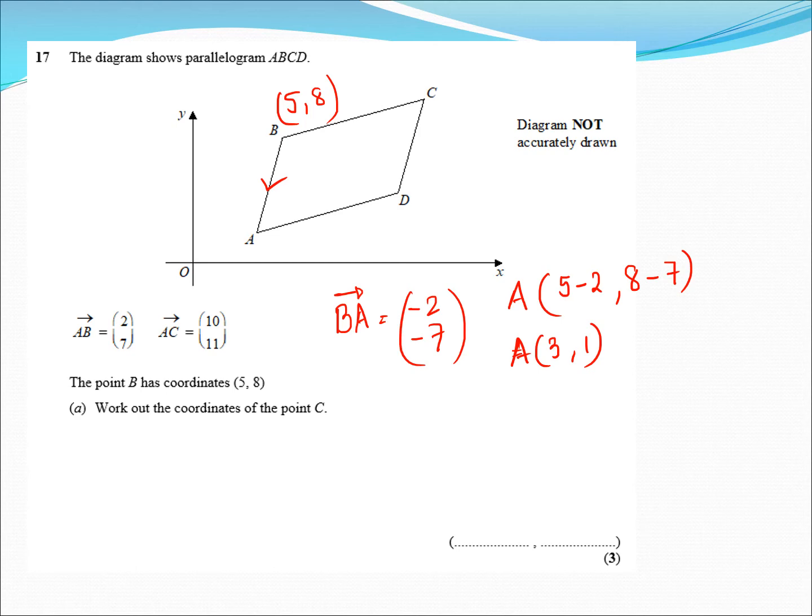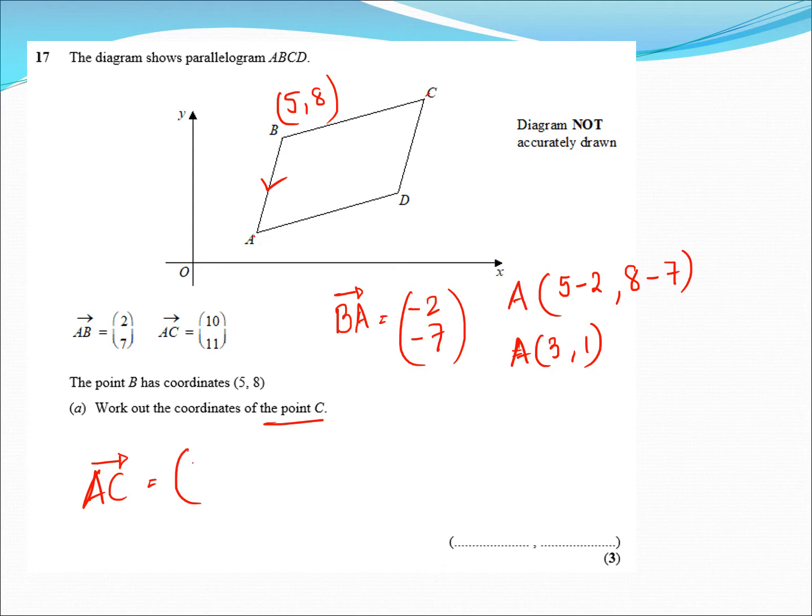Now they said the point B has coordinates 5, 8. Work out the coordinates of the point C. We know from A to C, it's 10 units to the right and 11 units up. So if I want to go A to C, what I will do is I'm going to add 10 units with the X coordinate and 11 units with the Y coordinate.